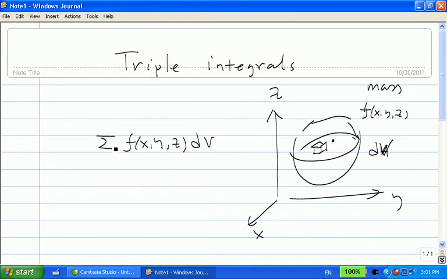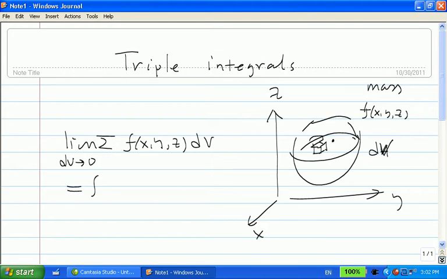Then add them together. You have so many such cubes, and adding them together gives you the approximation for the mass of this whole thing. Without taking a limit, it's just an approximation. Take a limit, let the volume go to 0.